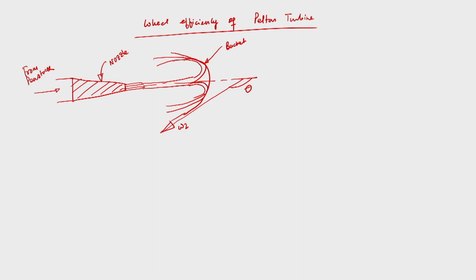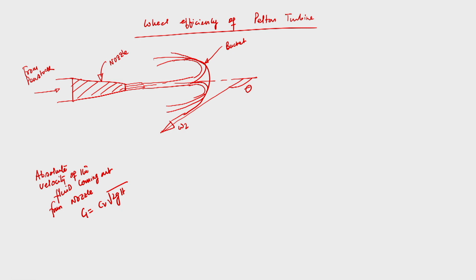The velocity of the jet coming out from the nozzle, that is, the absolute velocity of the fluid coming out from the nozzle, C1 is equal to Cv root 2gH, where H is the head available.